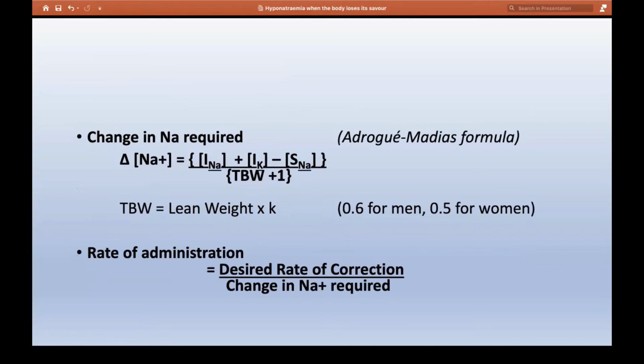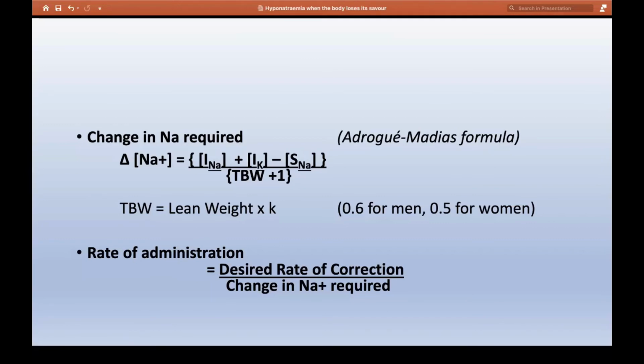So the change in sodium required is calculated where you look at the sodium and the potassium levels in the infusion fluid, and you deduct the serum sodium level and you divide it by the total body water plus 1. It's a correction. And thereafter, you determine the rate of administration.